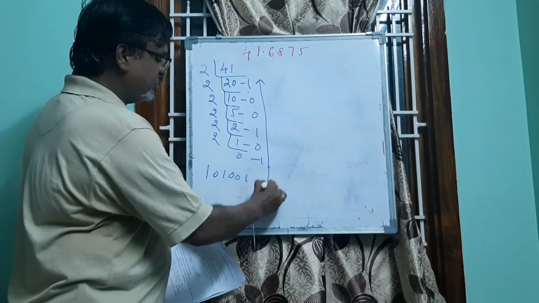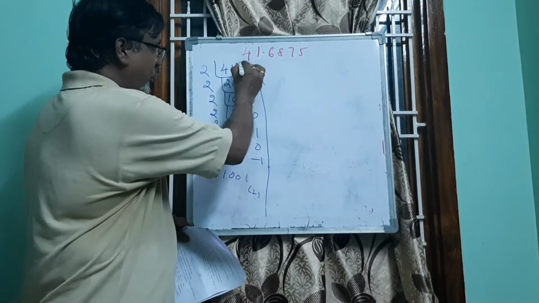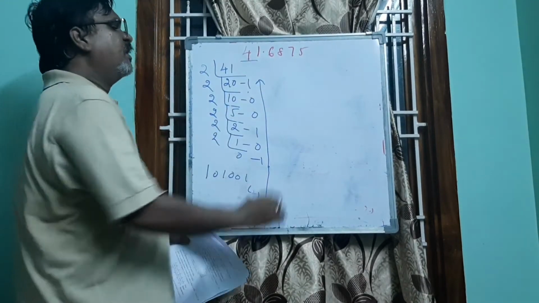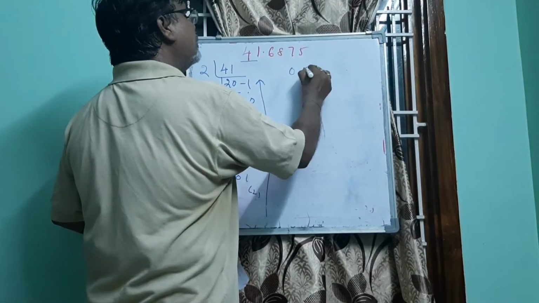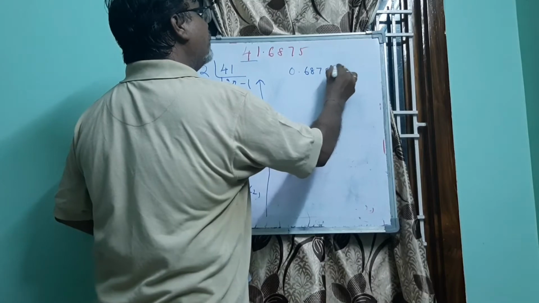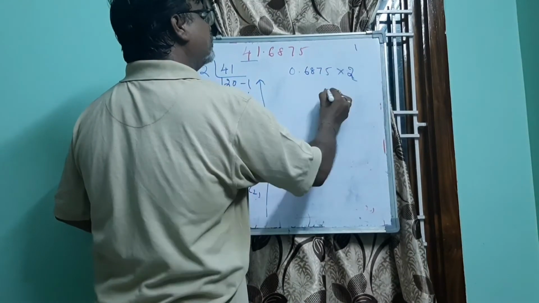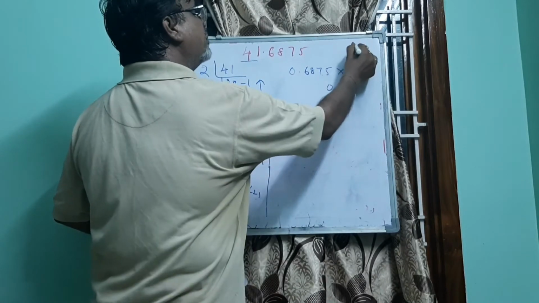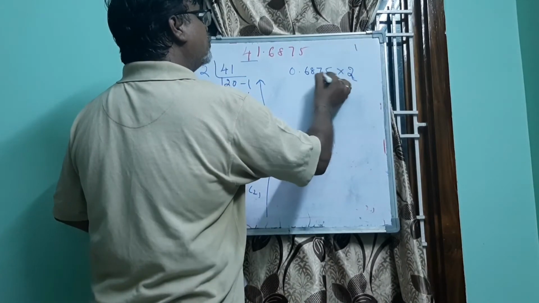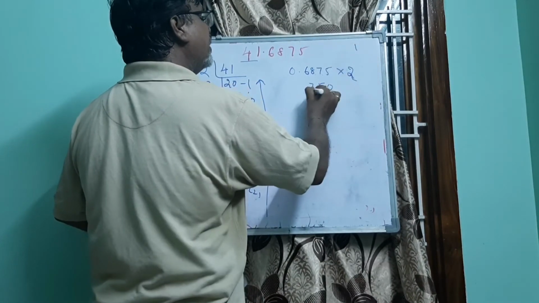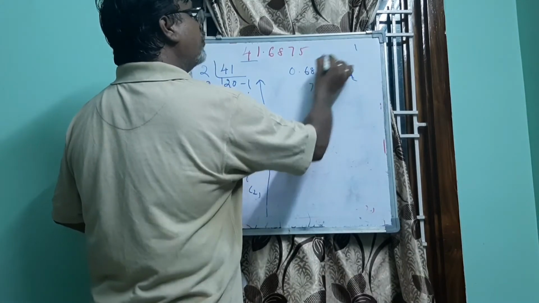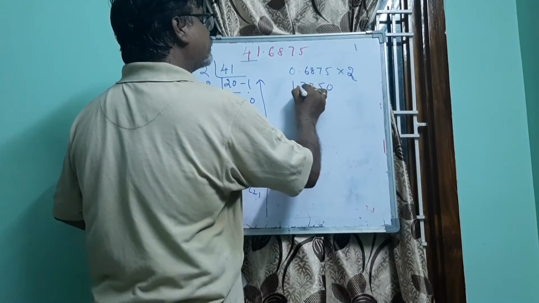Only this part is 1. Now come to 0.6875 into 2. 2 5s are 10, 2 7s are 14 plus 1, 15, 2 8s are 16 plus 1, 17, 2 6s are 12 plus 1, 13.